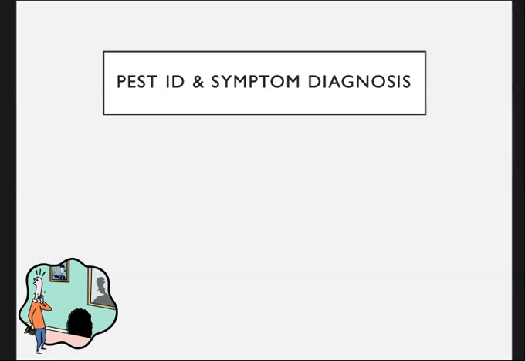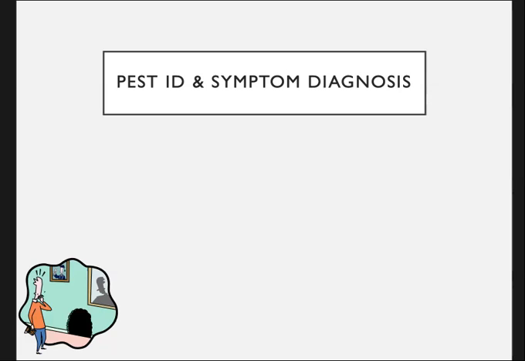Now, probably one of the most challenging, but also one of the most important parts of IPM is to correctly identify the pests themselves and the symptoms they might create. And this is critical because proper identification is necessary in order to know how to correctly manage those pest problems.